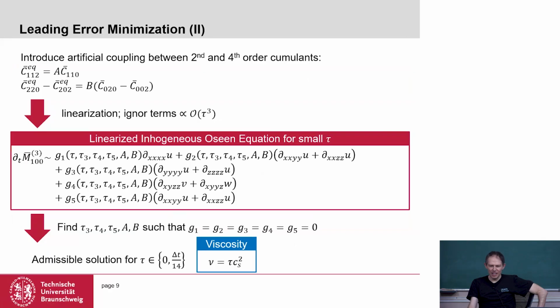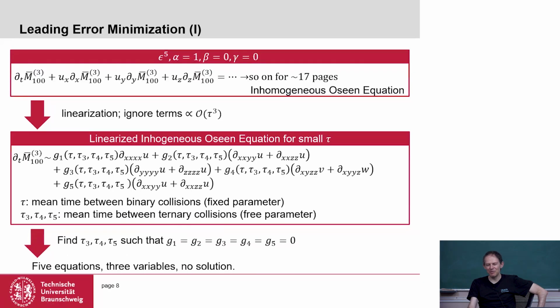Fortunately, the reason why we did this analysis in the first place was that after many years thinking about this problem, I decided to prove that this is impossible to solve.